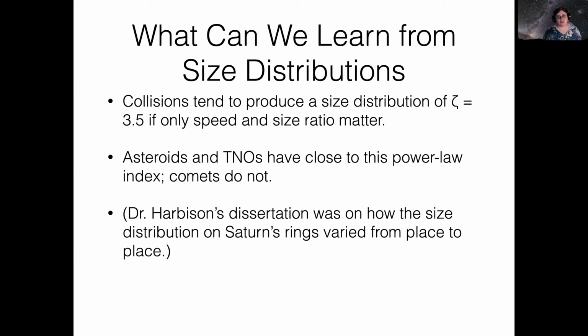So for instance, asteroids and trans-Neptunian objects seem to have a population close to this power law index. Comets don't, though. The comets we see do not seem to be this, which kind of makes sense because comets are outgassing. They're changing their size. Now, I have a particular interest because my dissertation and the work I'm trying to finally get published is on the size distribution of Saturn's rings varying from place to place. It only gets to about 3.5 in a few places.